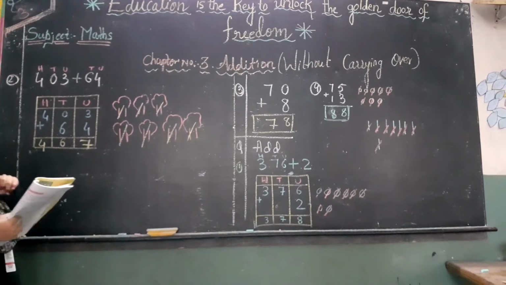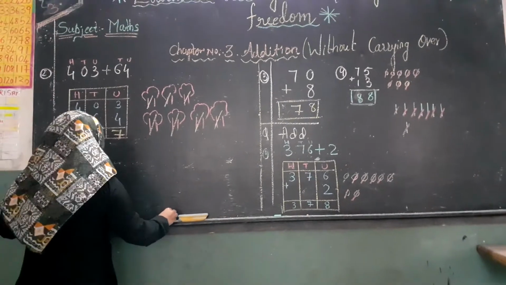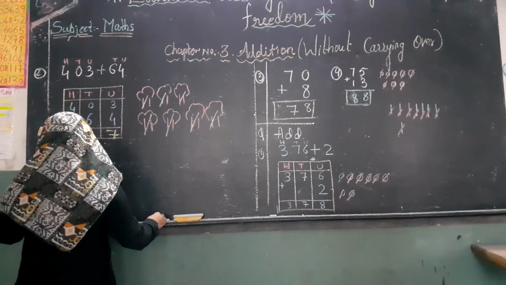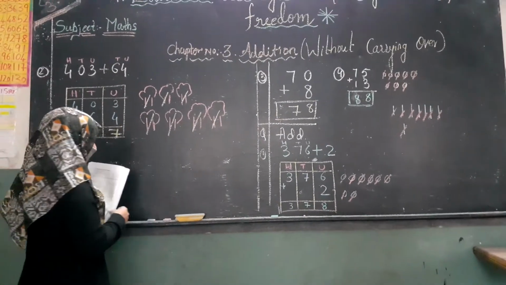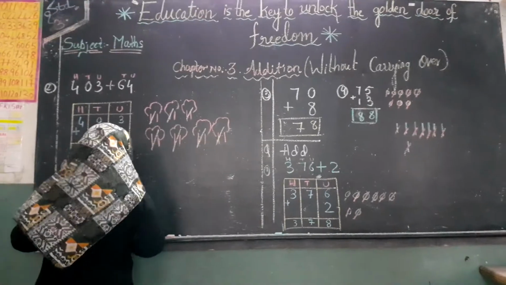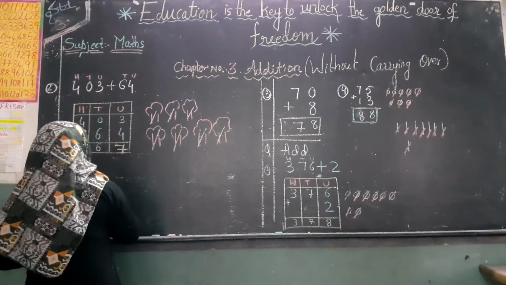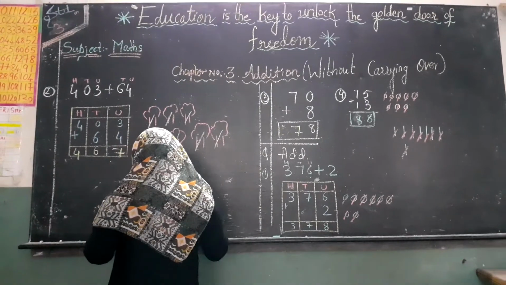Okay. Now I am explaining one more. See here. Now I am explaining this: arrange vertically and add. So we will write arrange vertically and add.